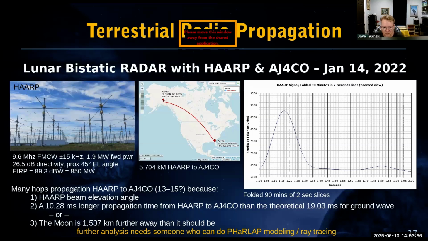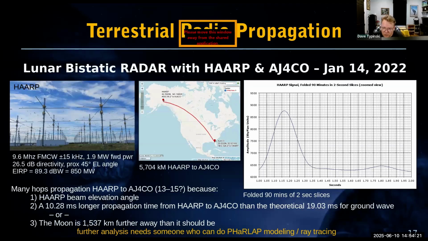But thinking, okay, HARP's beam was aimed pretty high above the horizon. Most communications antennas are aimed right at the horizon to give you that low takeoff angle and get a nice long hop going. Well, it is closer to NVIS, near vertical incidence skywave. Not quite, of course, at 45 degrees, but still same idea.